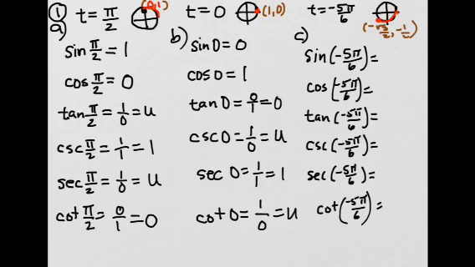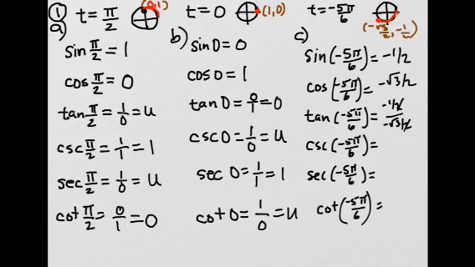So then the sine of negative 5 pi over 6 is the y value, negative 1/2. The cosine of negative 5 pi over 6 is the x value. So it's negative radical 3 over 2. The tangent of negative 5 pi over 6 is y over x. So it's negative 1/2 over negative radical 3 over 2.